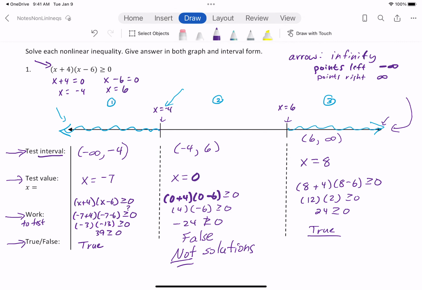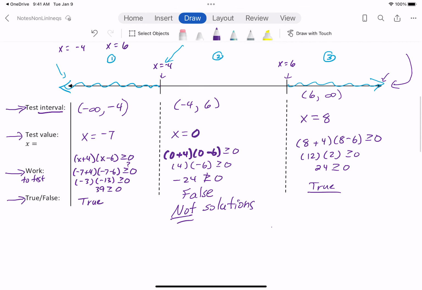All right, so the last thing we need to do then is look at the endpoints themselves. So our endpoints are x equals -4 and x equals 6. We need to know whether we're going to use parentheses or brackets. And this is where the inequality symbol comes into play. Our inequality symbol is bigger than or equal to.